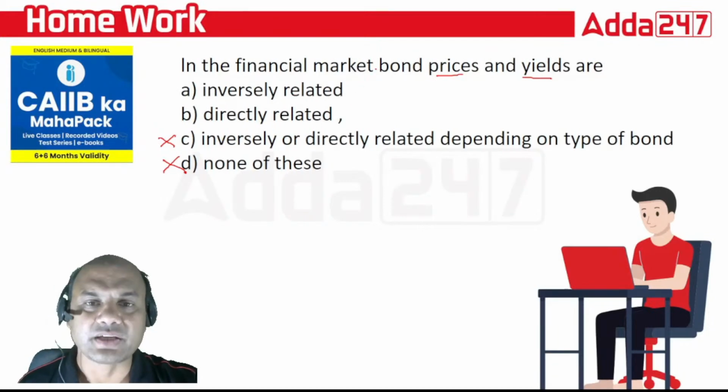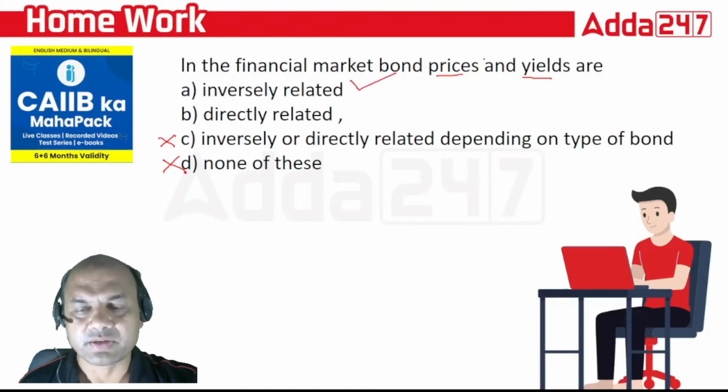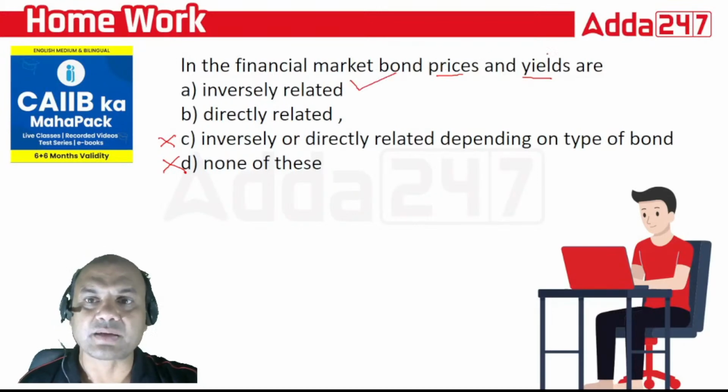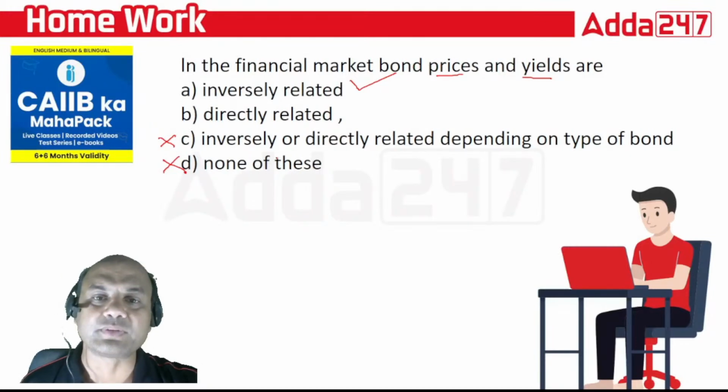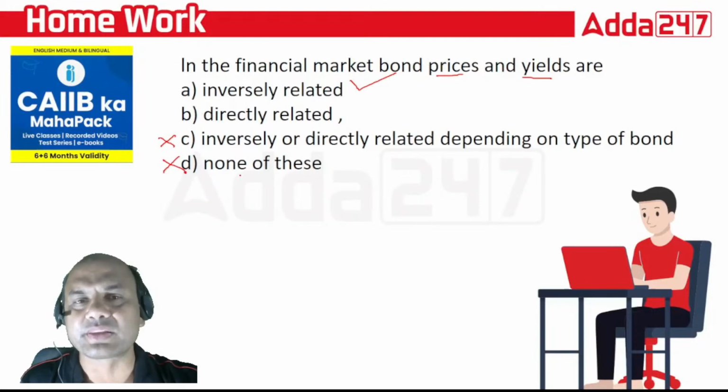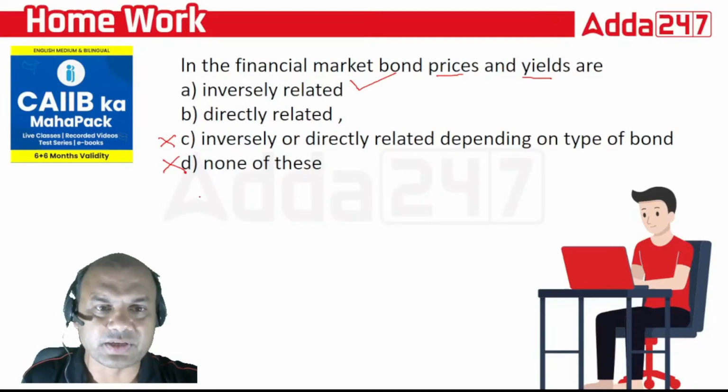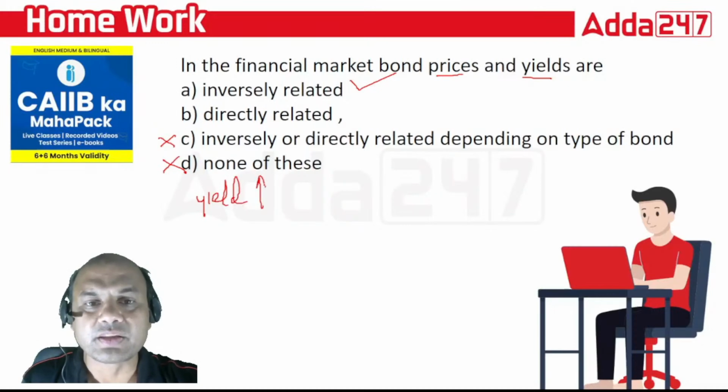So it is inverse. Always remember, if the bond yields are up, bond prices will be down. I'll give you a simple complete theory about this. If the yields are up, what happens?